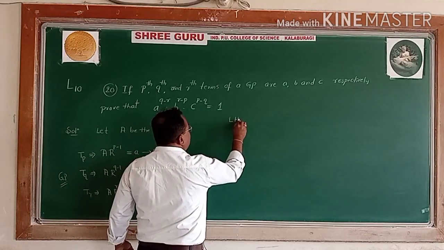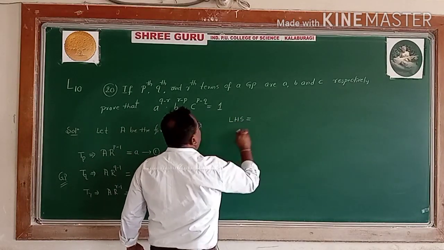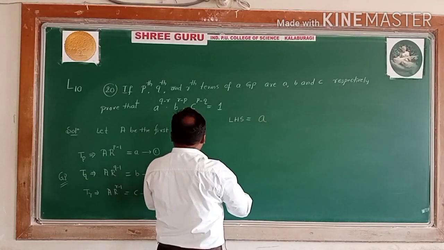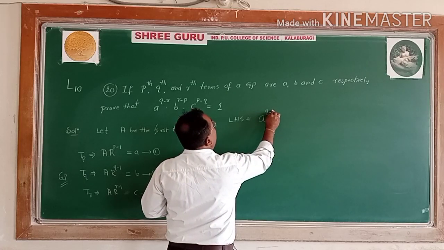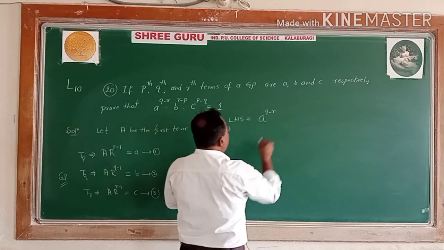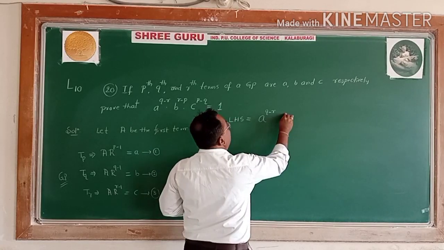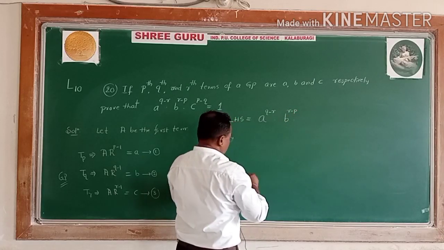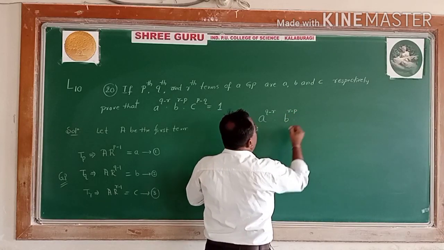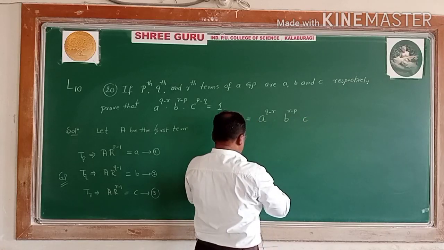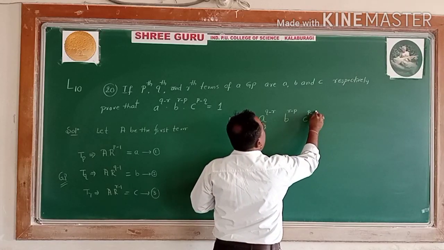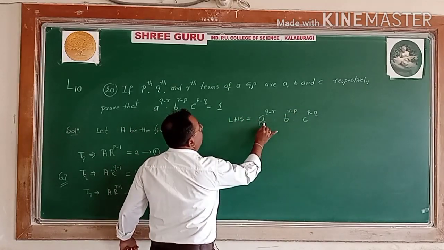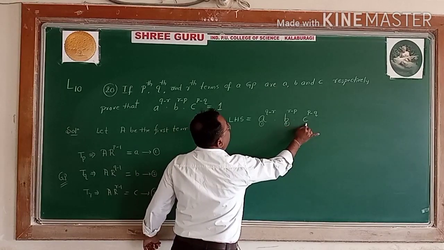LHS is equal to A to the power q minus r into B to the power r minus p into C to the power p minus q. This is the LHS. Refer to equation number 1, equation number 2, equation number 3.